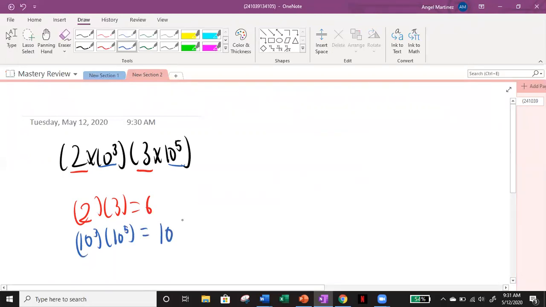If you remember, you add the exponents when you're multiplying, so 3 plus 5 is 10 to the 8th. Now you just combine those two, and we get the answer 6 times 10 to the 8th. So we multiply 2 times 3 to get the 6, and 10 to the 3 times 10 to the 5 gives us 10 to the 8th. That's all I do for multiplication.